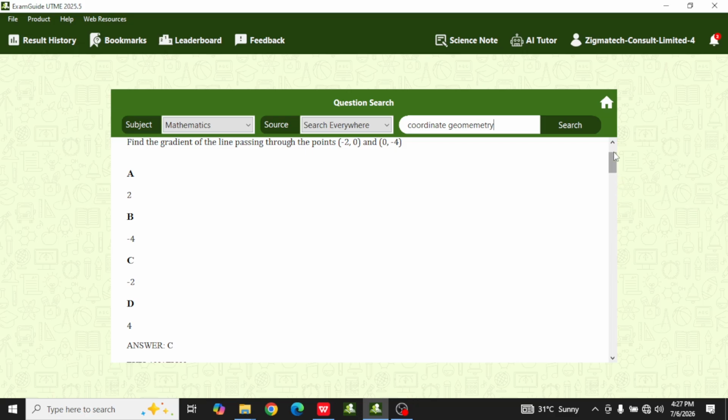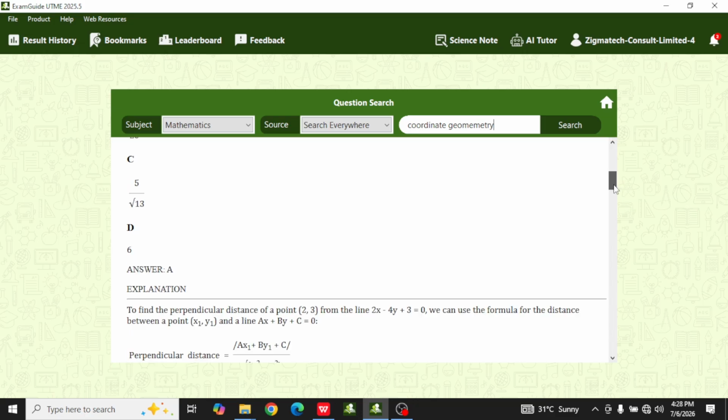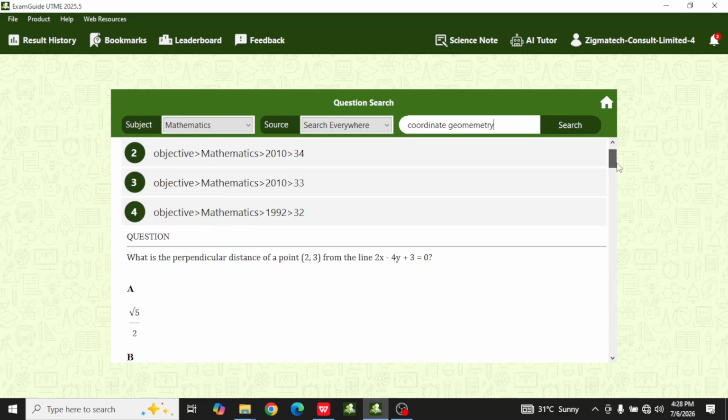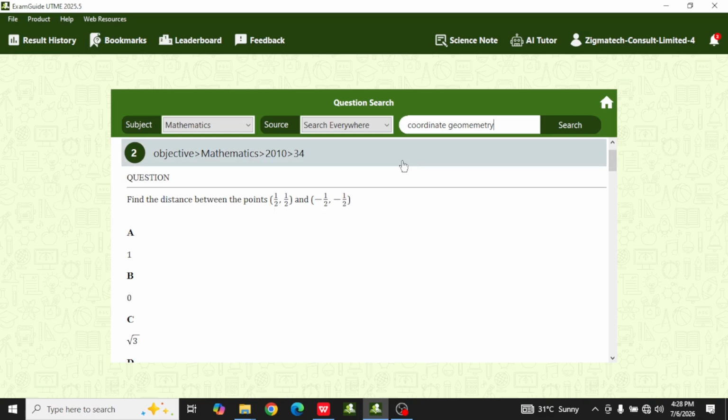Okay, another question. Let's solve number 2. Find the distance between the points (1/2, 1/2) and (-1/2, -1/2). Like I told you, this topic is somehow wide.